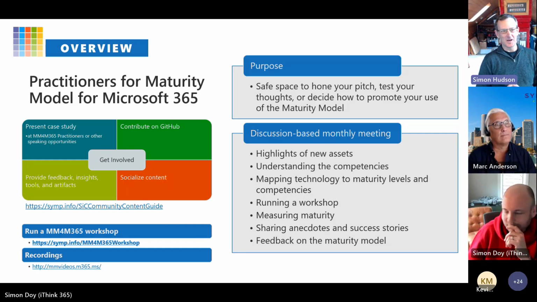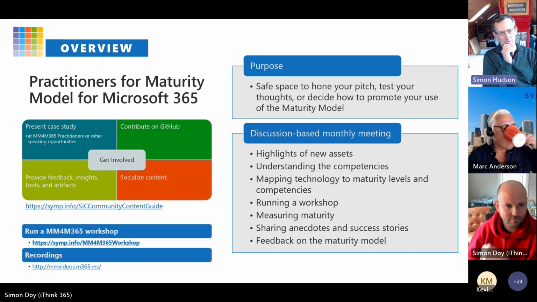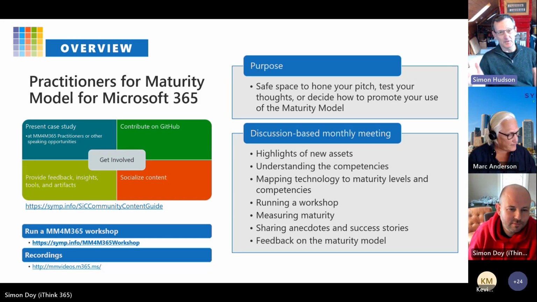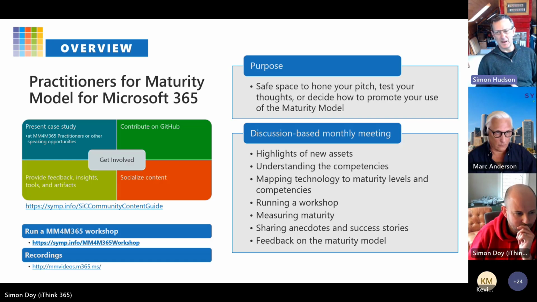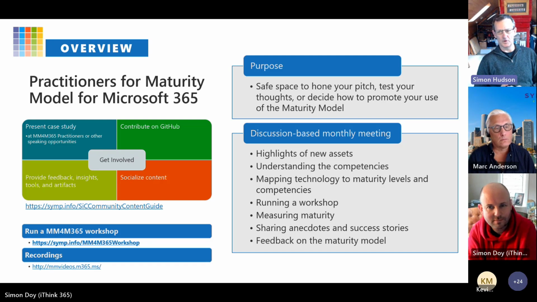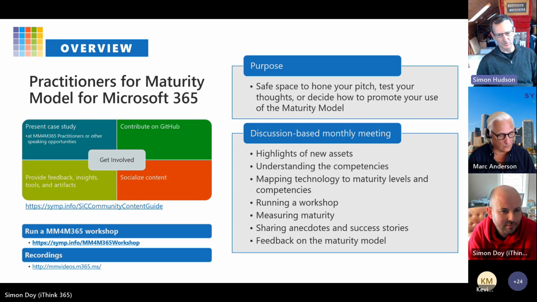It's all fine. Right, so this is our standard overview of the purpose of these practitioner sessions. So it's a safe place. Anyone can come in and have a talk. It's a way of us getting feedback and sharing the developments around the maturity model with you, and hopefully if you've got any insights around how you're using it or what you'd like to use it for, you can do so.